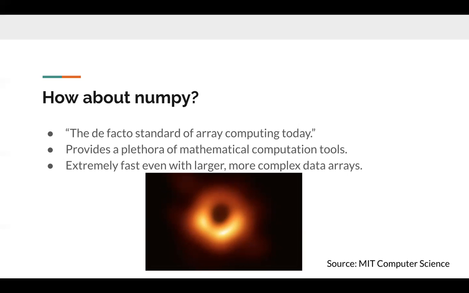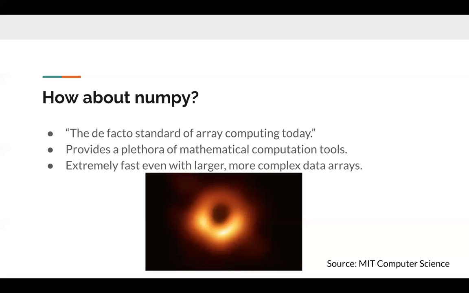It also provides a plethora of mathematical computation tools, whether you're trying to find the log of data, linear regression, all the avenues you could think of in calculus are available with NumPy, as long as you understand the material you're working with and how to apply these tools. The tools given to you by NumPy are extremely fast, even with larger, more complex data arrays.